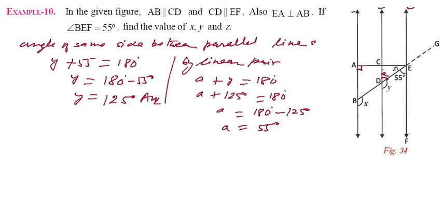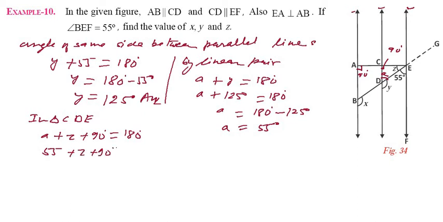So in this triangle, you have to write here 90 degrees because it is 90 degrees by corresponding angle. Now in this triangle CDE, you can write: small a plus z plus 90 degrees is equal to 180 degrees. So a is 55 and z we want to find, and that is 90.